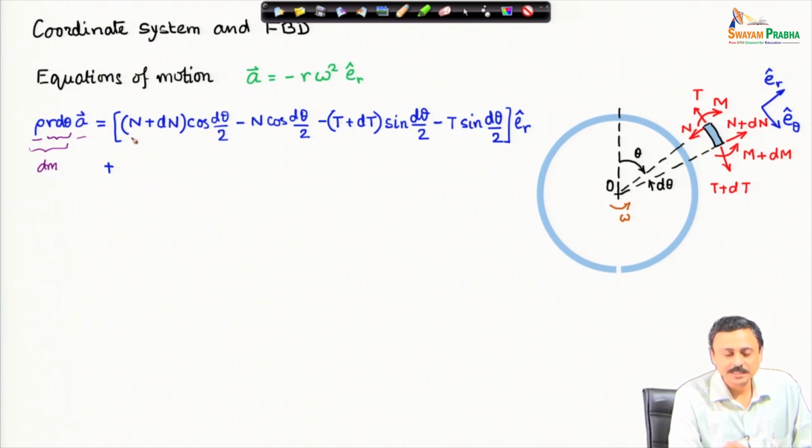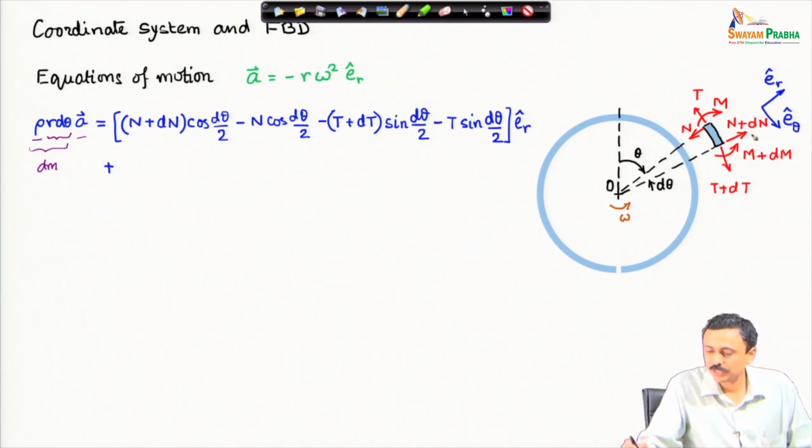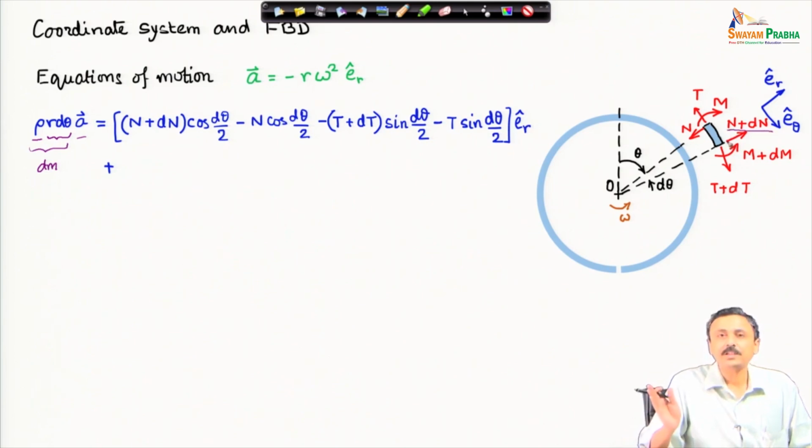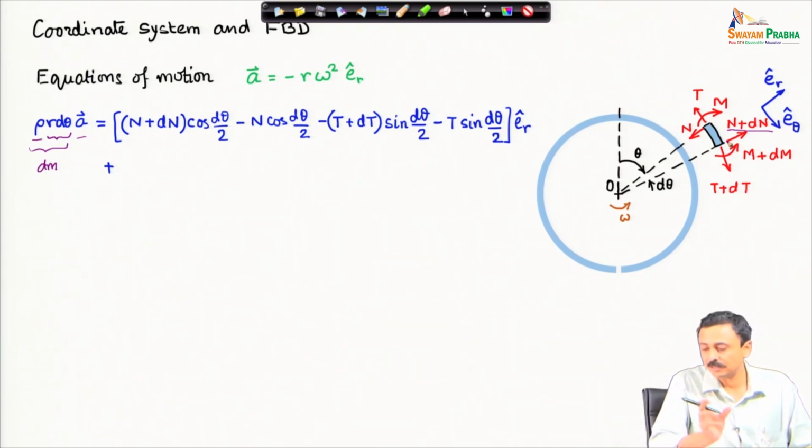What we have is the shear force, which is shown here at theta plus d theta, which is N plus dN. This has an inclination with the radial direction. You will notice that because of the angular extent d theta, or the length r d theta, there is an inclination of that cut face.